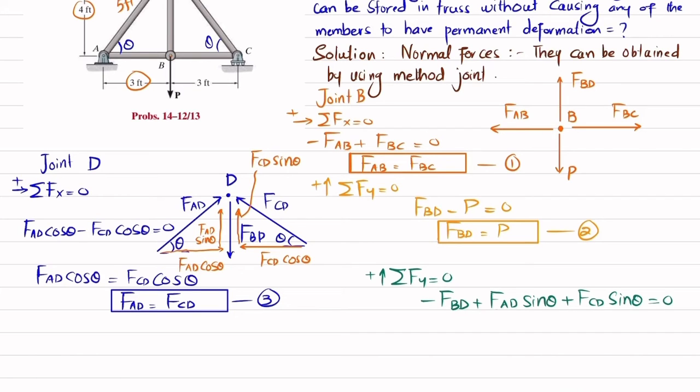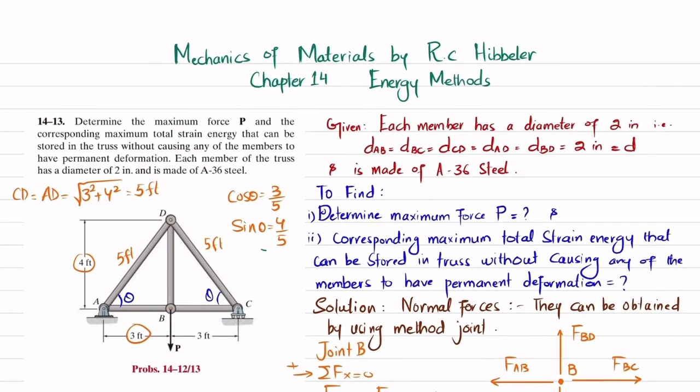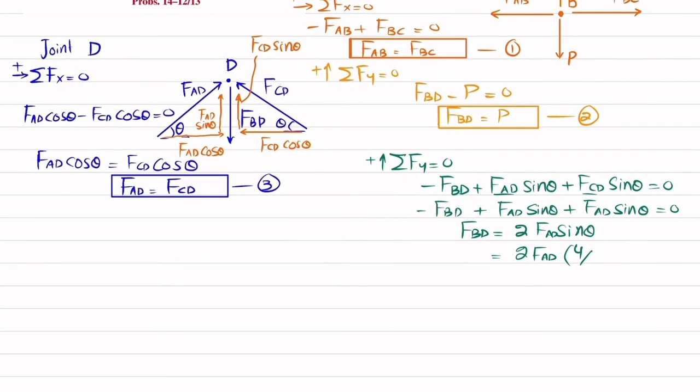And FAD is equal to FCD, so I will replace this FCD with FAD. So FBD will be equal to 2 times FAD sin theta, and 2 multiplied by FAD and sin theta, which is 4 over 5.